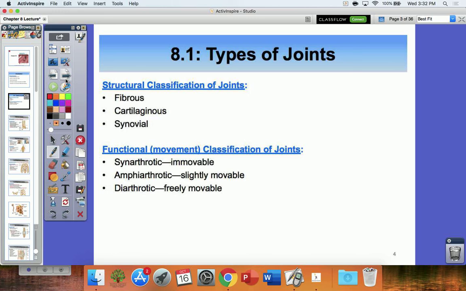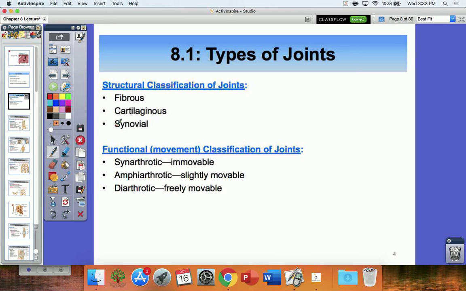Are there fibrous connective tissues? Is it some type of cartilaginous or cartilage that's there? Or is it a synovial joint? And this is actually the one that is the most common. We'll spend quite a few slides talking about examples of synovial joints because those are going to be the ones that we find the most complexity in.